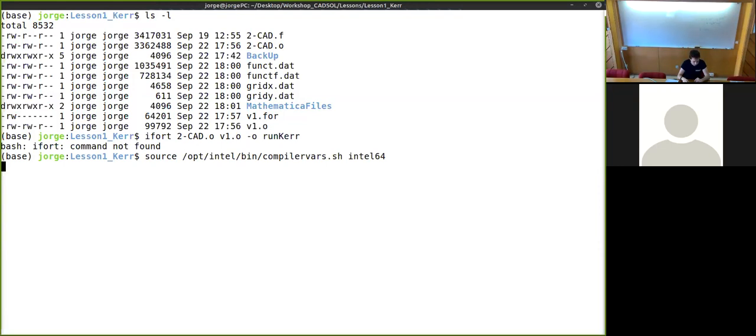So you have to run this code every time you open a terminal to be able to use the Fortran compiler. So you can now run it, and you just have to run this executable.